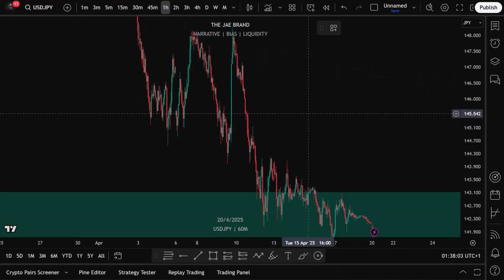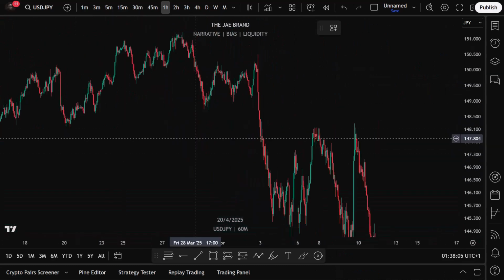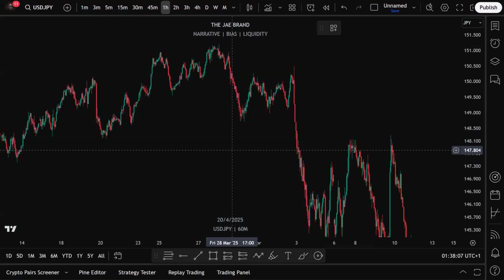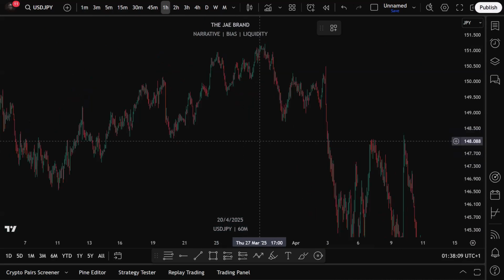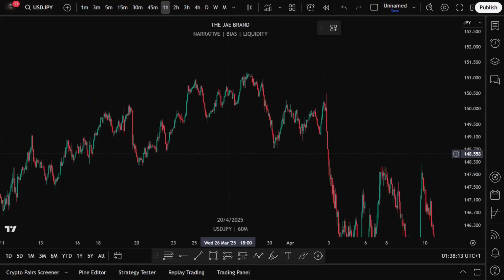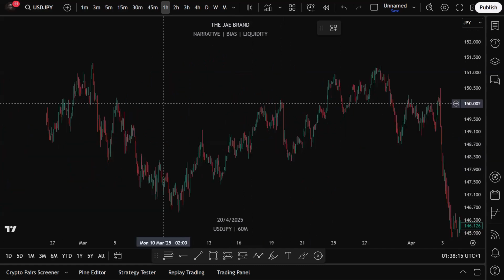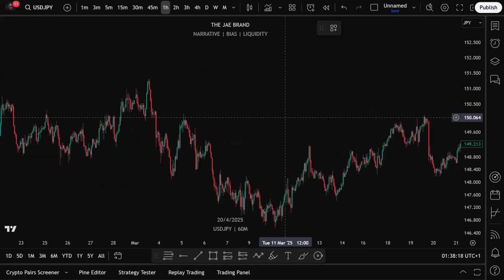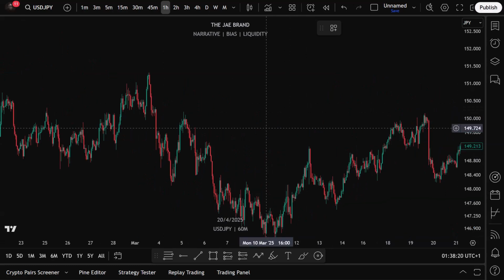Though I didn't take this USD JPY trade because from the higher time frame key level, this sell happened in the discount area, and I'm not supposed to sell from a discount area when we are looking at it from a higher time frame key level.